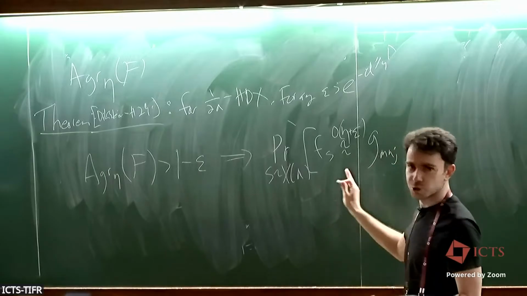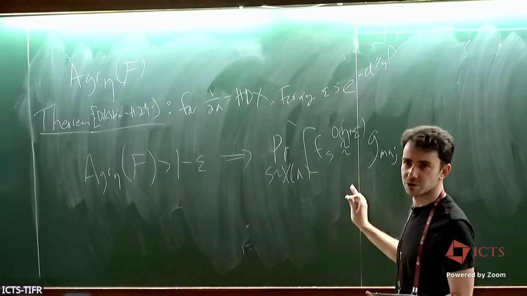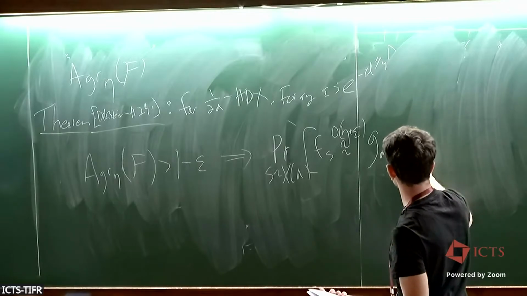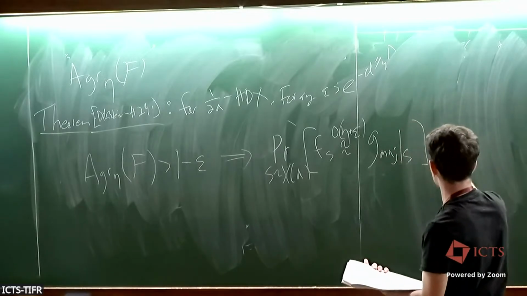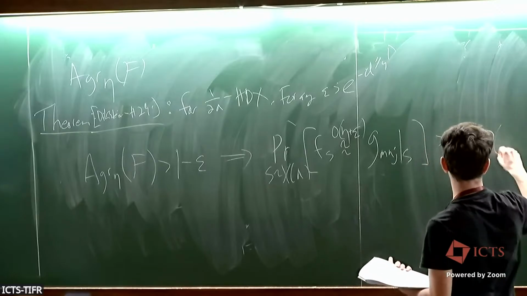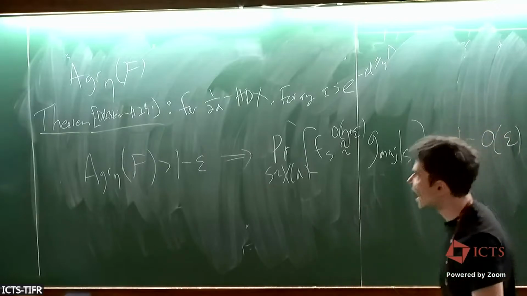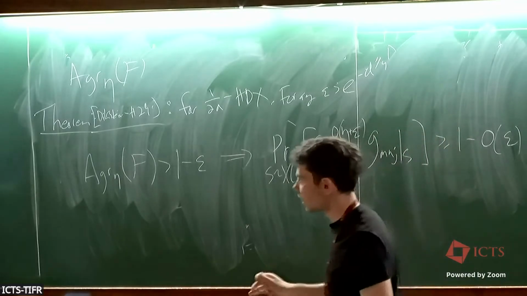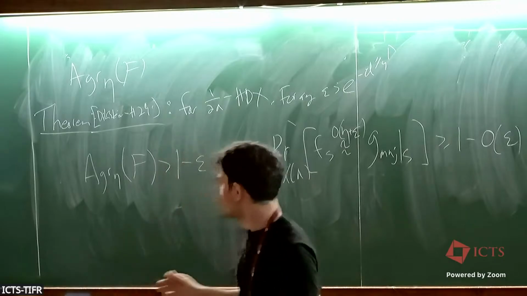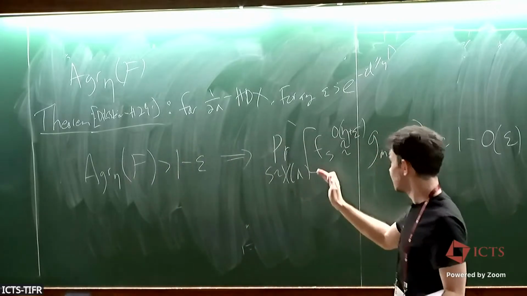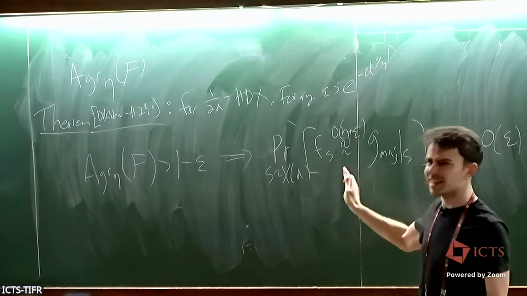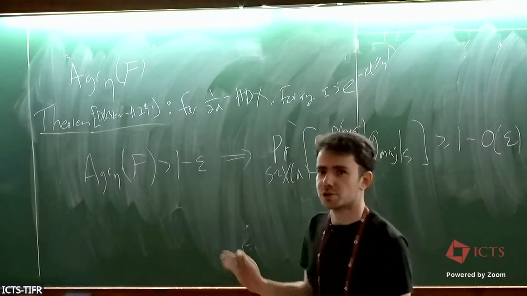Let me define what majority is in a second, but it's just the natural decoding on vertices. So we added some approximate things in, which is a little bit more complicated, but it's still roughly saying that if my test passes with high probability, then indeed I can be assured that this is close to a code word in some sense. So it's some sort of slightly weakened local testability of direct product codes.